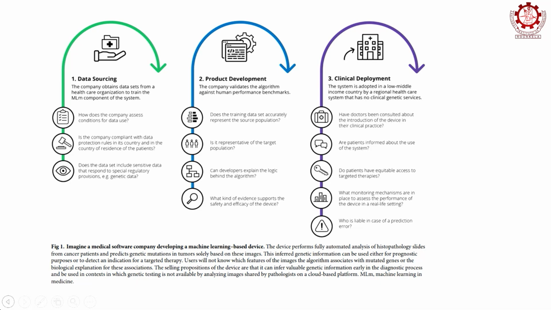It's eventually integrated into a UI that's very intuitive, and clinicians are ready to use that. Now, while developing this, we need to ask if the training data accurately represents the source population, and we have discussed this multiple times. We'll probably touch upon this a few times again in the next few slides. Is it representative of the target population? Does it cover all the possible variability as much as possible?